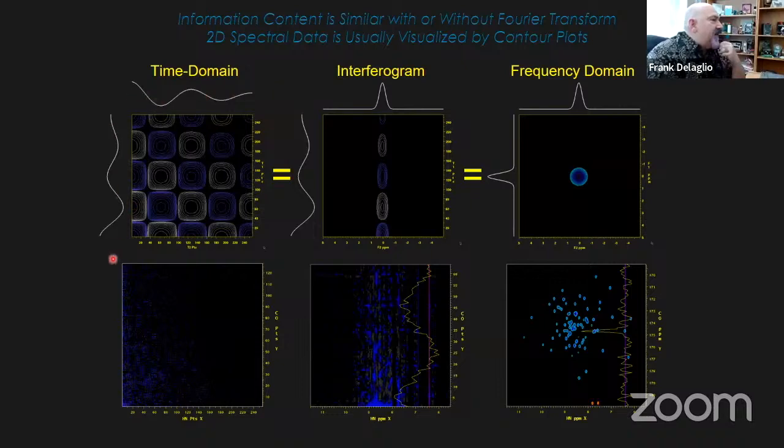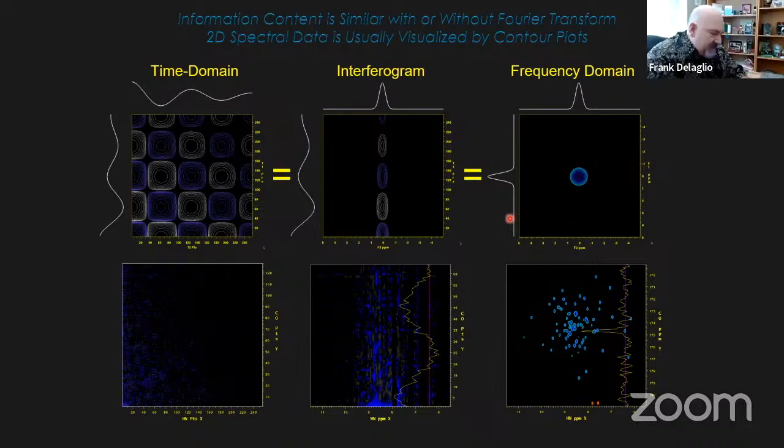And for time domain data, those one-dimensional shapes are time domain profiles, exponentially decaying sinusoids in the ideal case. When we Fourier transform all the rows, this still holds, but now the shape in the Fourier transform dimension is a spectral line shape, a Lorentzian in the ideal case. And then finally, when we Fourier transform both dimensions, that signal can be described as the product of these two one-dimensional line shapes.